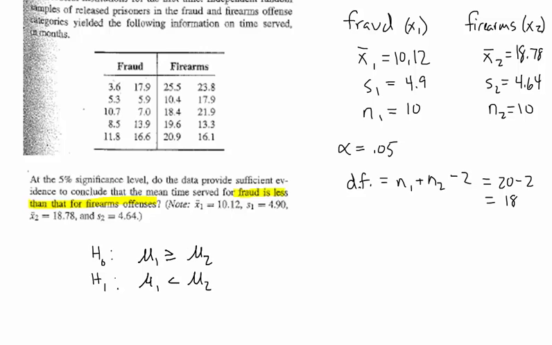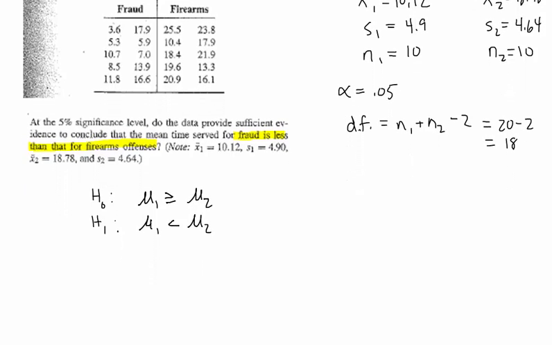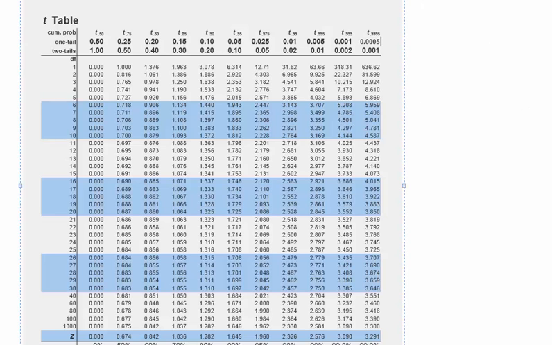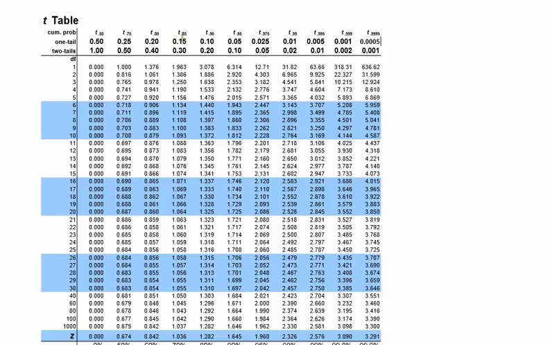And now we need to find our t-crit. We have a one-tailed test with a significance level of 0.05 and 18 for degree of freedom. So we go to our t-table and we go to one tail, and we go over to 0.05, and now we go down to 18 and we find that it's 1.734.